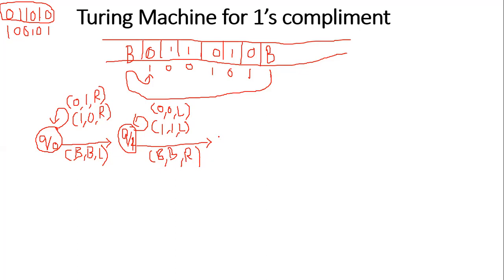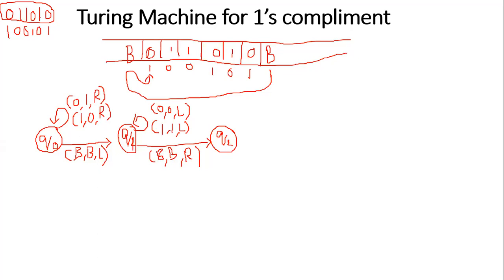Actually, you can stop at state Q0 itself, where Q0 changes all zeros into ones and ones into zeros. You can stop here at Q0 without considering Q1 and Q2.